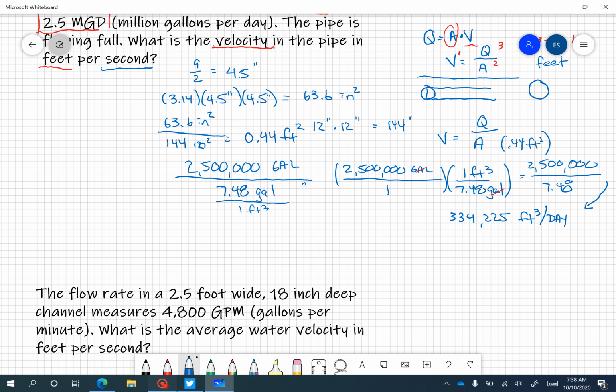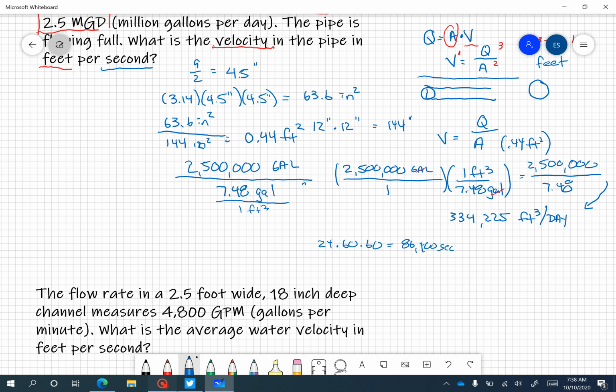Now I happen to know off the top of my head, and it probably is on the conversion sheet, but if you don't know off the top of your head, it's pretty easy to figure out. 24 hours in a day times 60 minutes in an hour times 60 seconds in a minute equals 86,400 seconds in a 24-hour day.